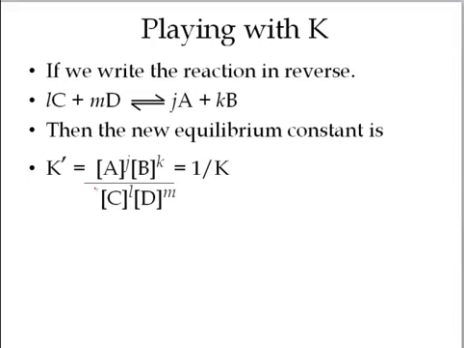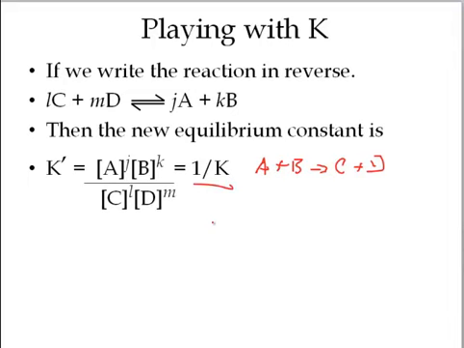Now, rather than rewriting that equation and recalculating things, if you know what the K was for the reaction where A plus B was going to C plus D, the nice thing is, to make this quick, you can simply take the reciprocal of that and get that answer.